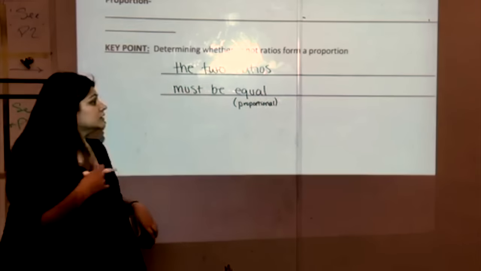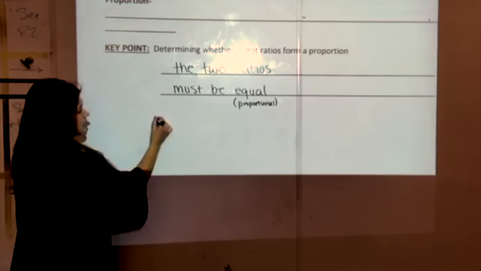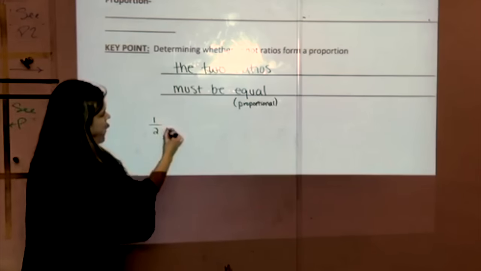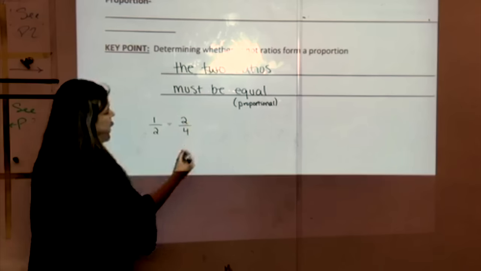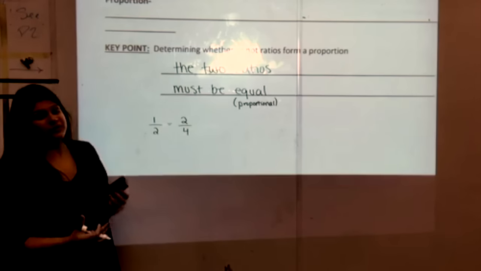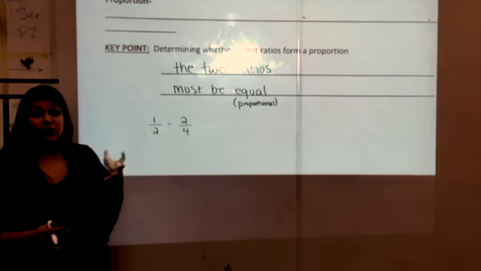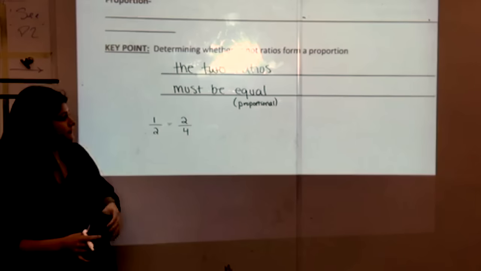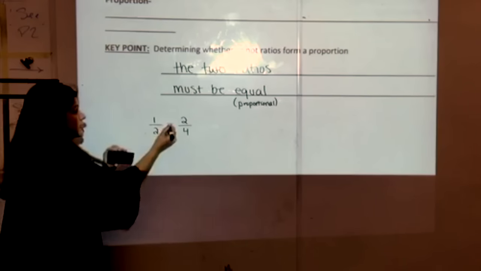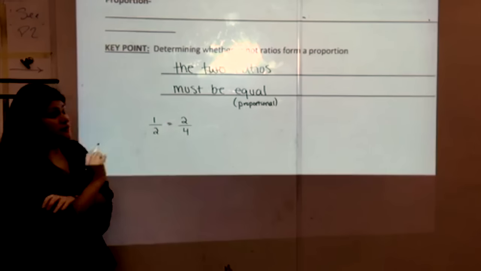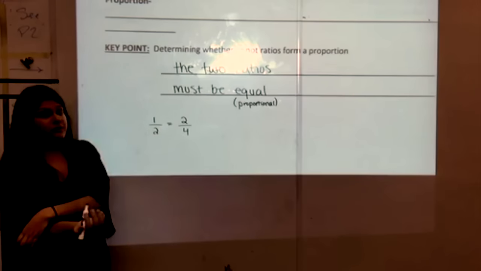So one example that we are going to do is 1/2 equals 2/4. Notice I'm using a really basic problem just so you're getting the understanding and you're not focusing so much on the math, right? So if we look at these two fractions that are placed with an equal sign in the middle, we are indicating that these two values must be equal.